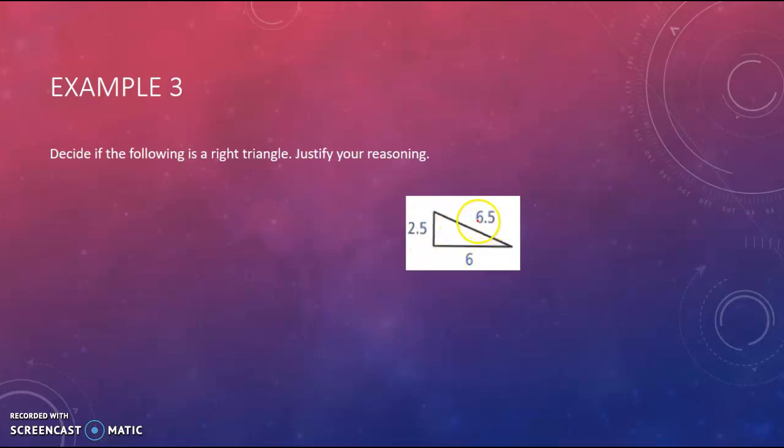I'm going to look at my sides. I know that 6.5 is my biggest side, so that's going to be my C. I'm going to plug 2.5 in for A, so 2.5 squared plus 6 squared, question mark, 6.5 squared. 2.5 squared is 6.25, plus 6 squared is 36.